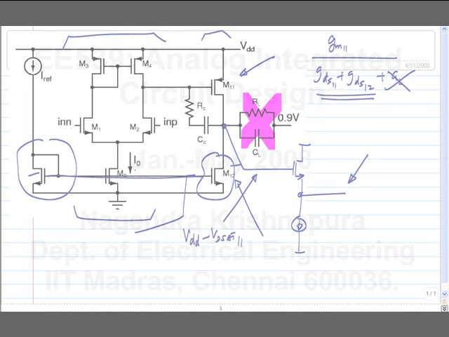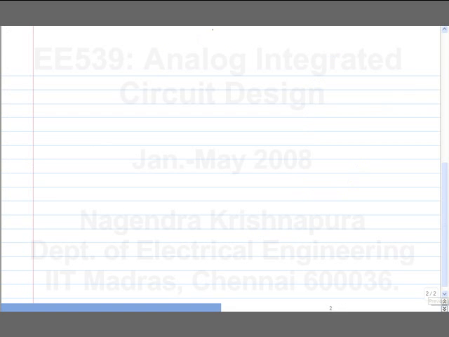See, again, the second stage, what is the function of the second stage? If there is a resistive load, the DC gain is approximately GM11 by GL.